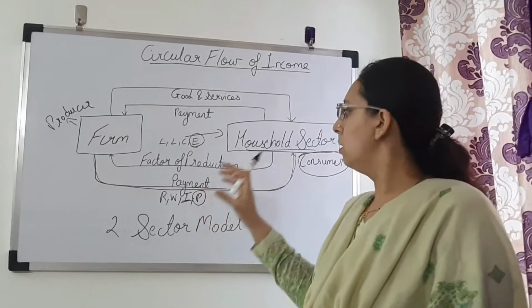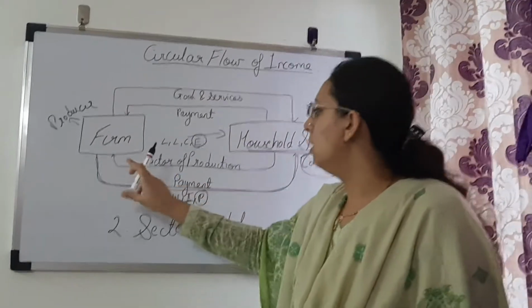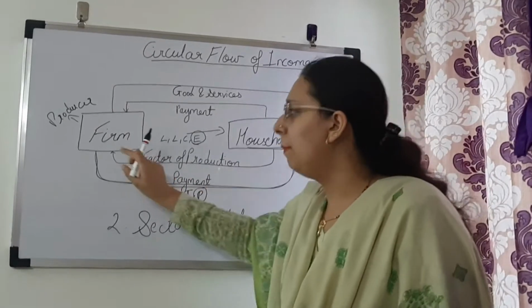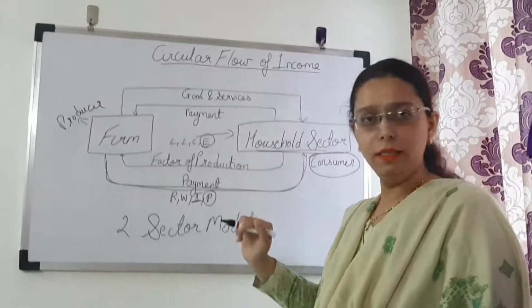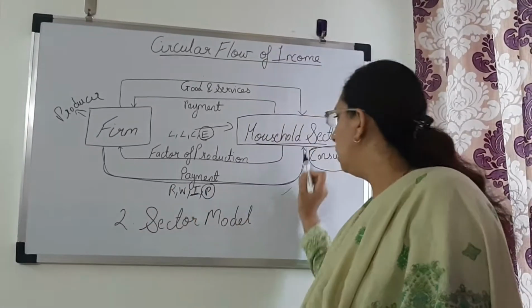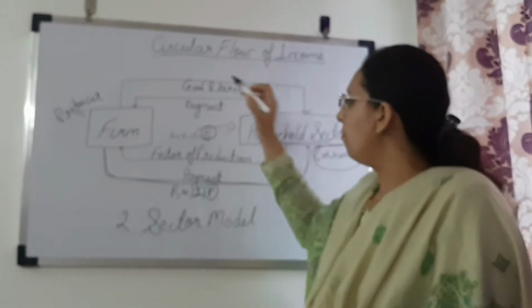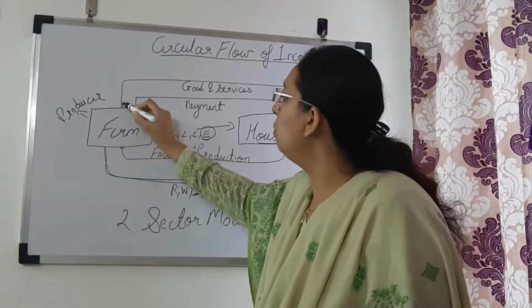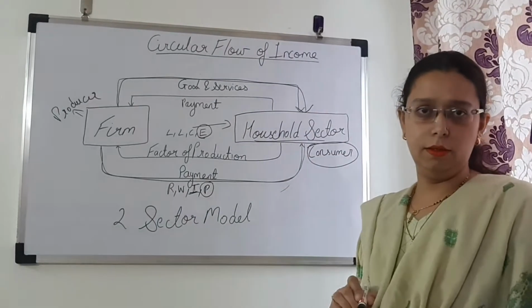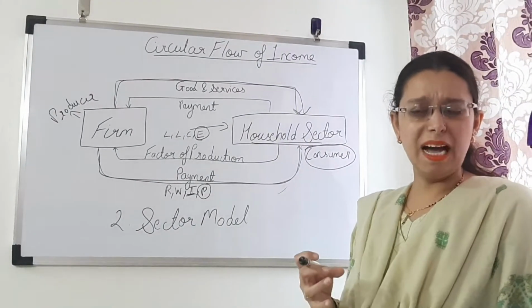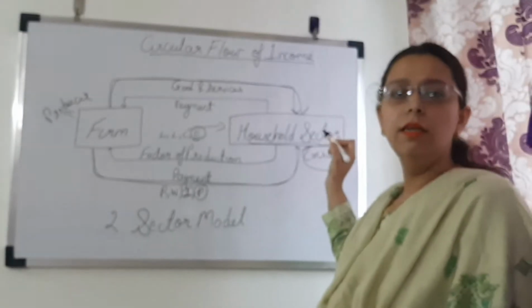So first thing, in the first two sector model, first is the factor of production taken by firm from household, and in return they pay them the payment. Now after taking this, the firm produce some goods and services that we use in our daily life.